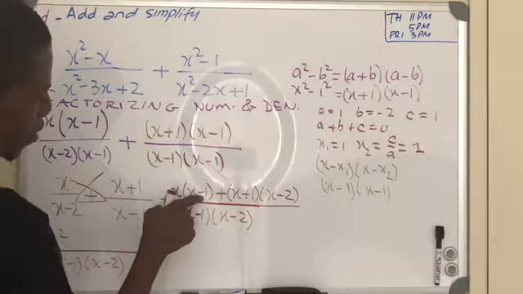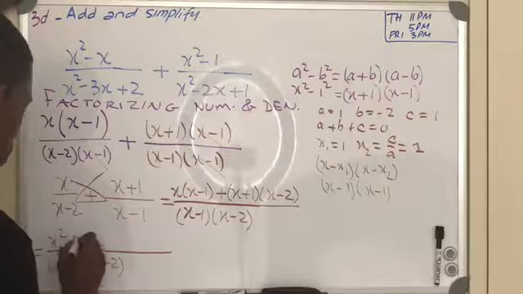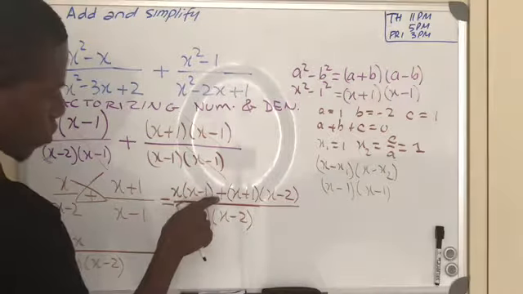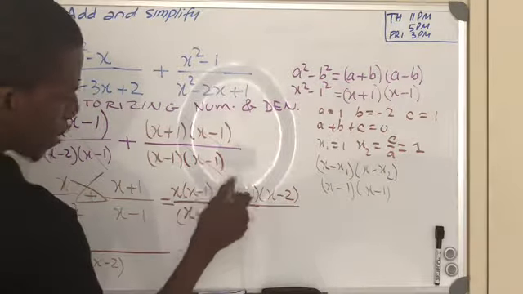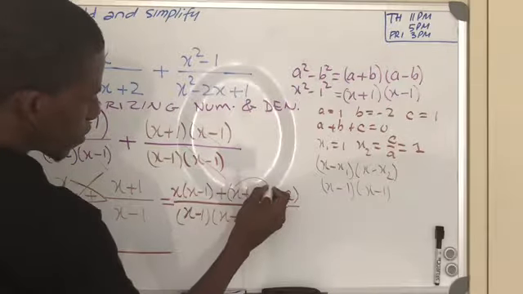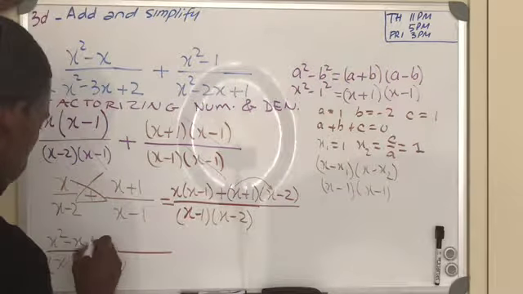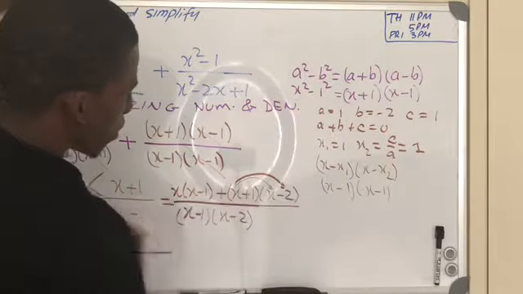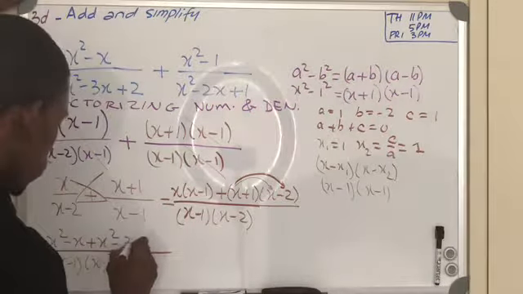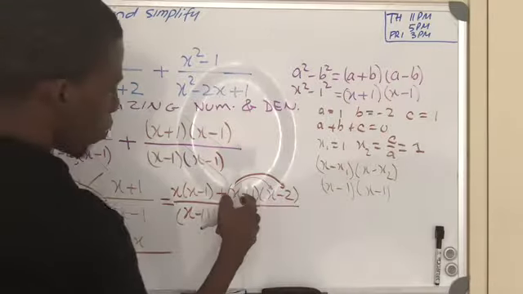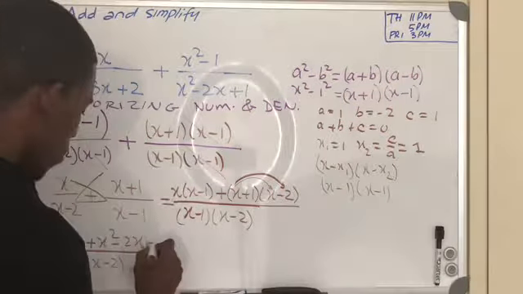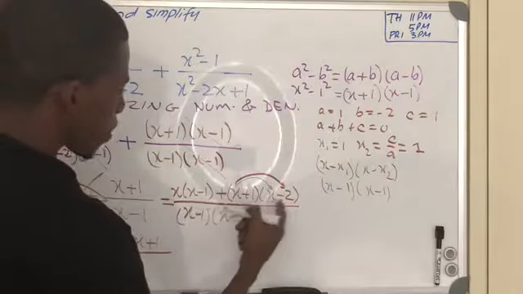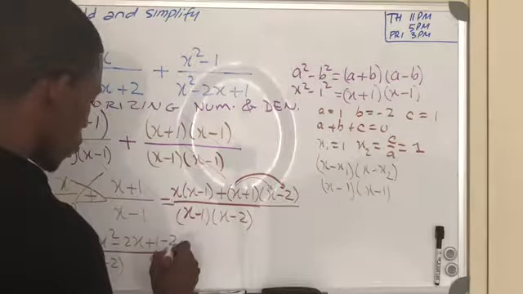X times minus 1 is minus x. Plus x times x, plus x squared. X times minus 2, minus 2x. 1 times x, plus x. 1 times minus 2, minus 2.